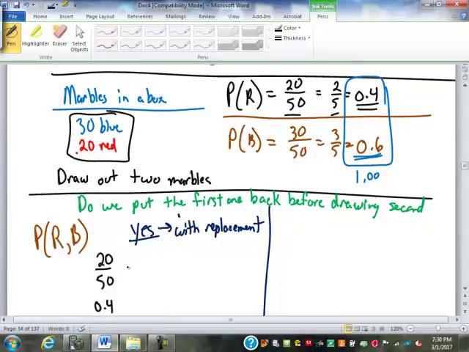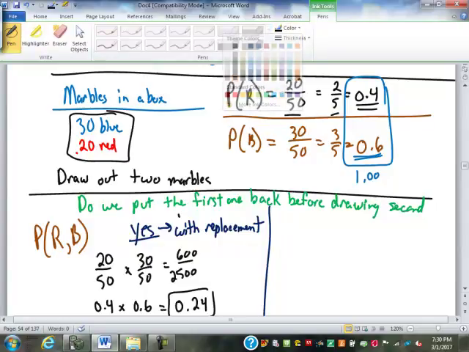What's the probability of drawing the second marble blue? 30 out of 50 or 0.6. So the probability of both of those things happening is 0.4 times 0.6 or 0.24. Or we could do 20 times 30 is 600, 50 times 50 is 2,500. So 600 out of 2,500, which is also 0.24. That's assuming we put the first marble back before we drew the second.